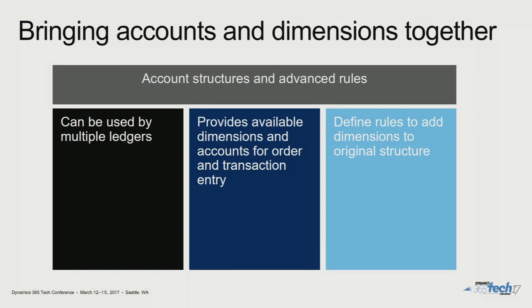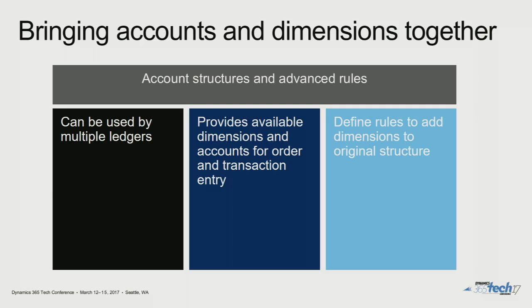So bringing the accounts and the dimensions together, we do that via account structures and advanced rules. Is anyone using advanced rules already? A few of you. Okay, great. The account structures can be used by, again, multiple ledgers. And as you saw on the ledger form, that's where we actually make the association of the account structure to the ledger.